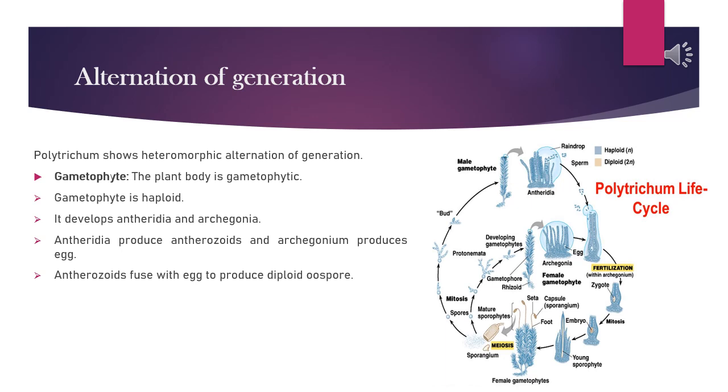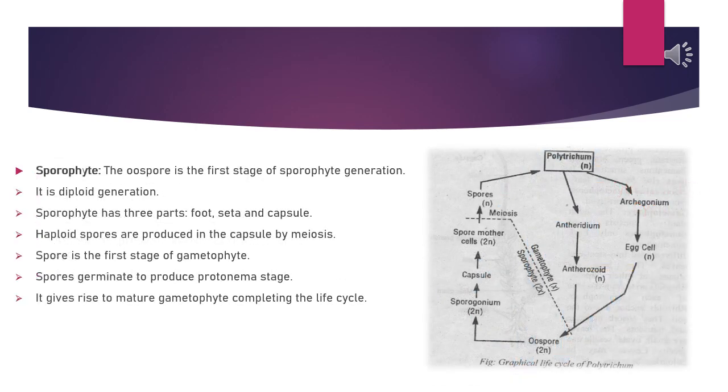During the reproduction process, with the help of these structures, fusion of the gametes takes place: the sperm fuses with the ovum of the archegonia, which results in a diploid cell, the oospore. The oospore is always diploid in nature. That oospore is the first stage for the next generation, which is called the sporophytic generation.